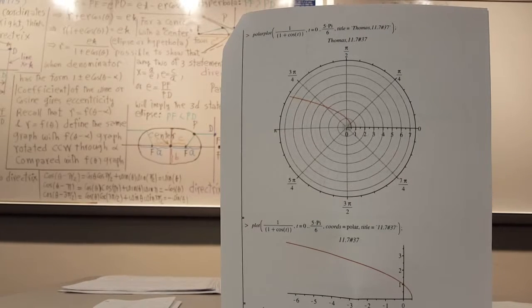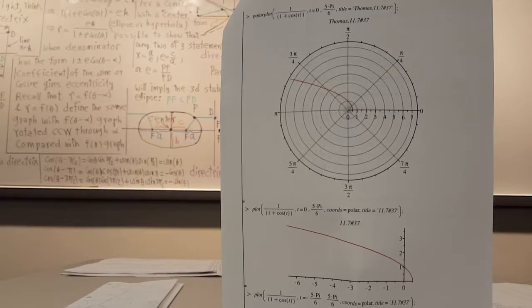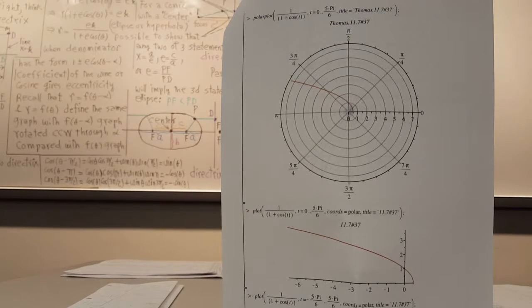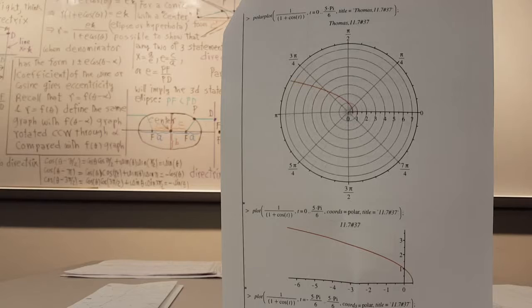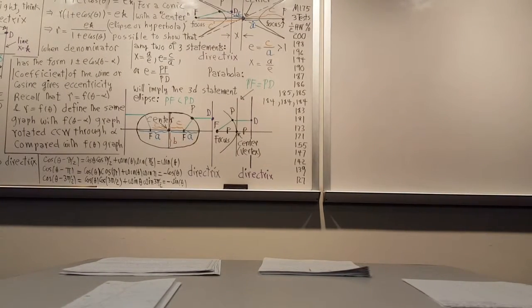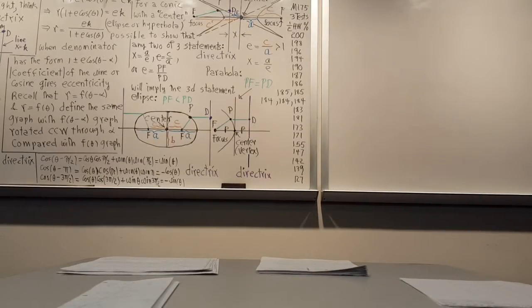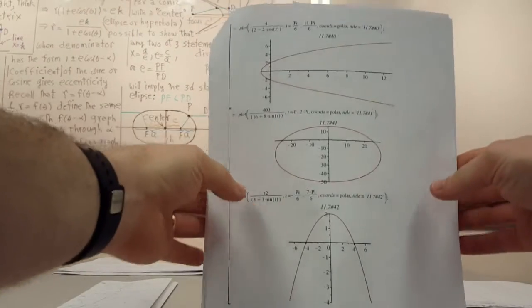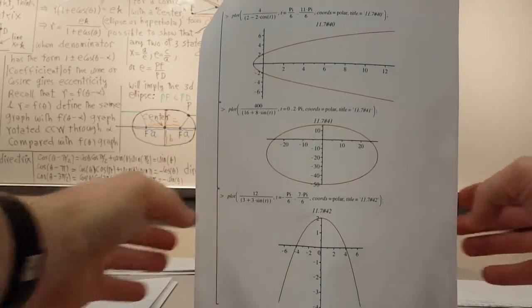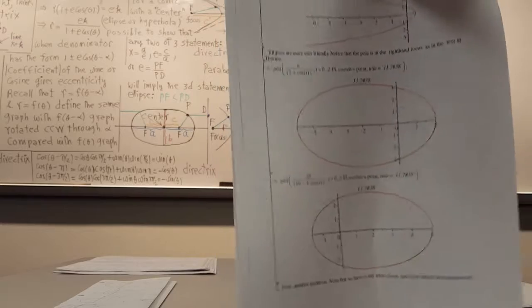And then finally, if you want this to really look like a parabola, I have minus 5 pi over 6 to 5 pi over 6, and turn the page, and you see that the thing looks really like a sideways opening parabola. Where we are with this.